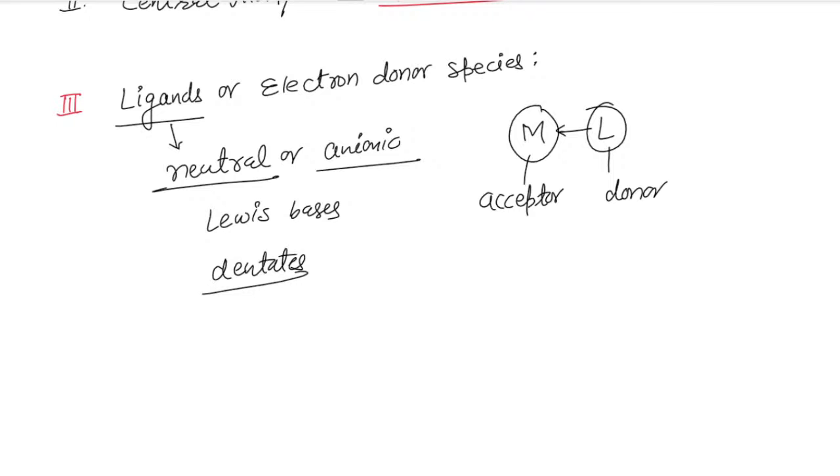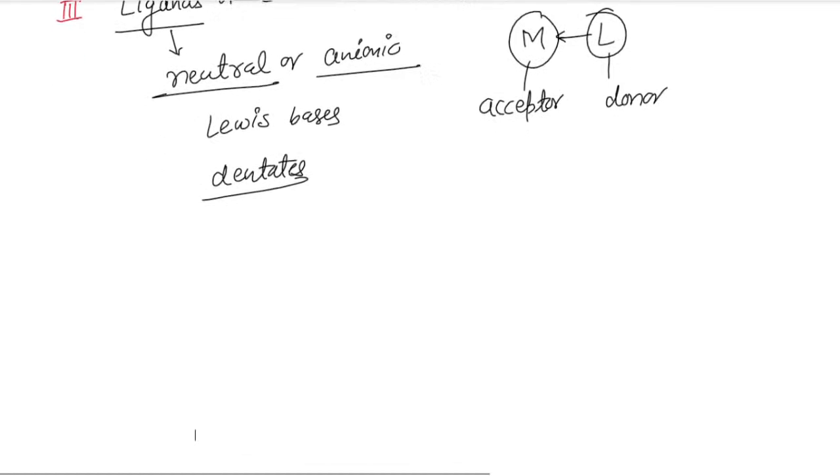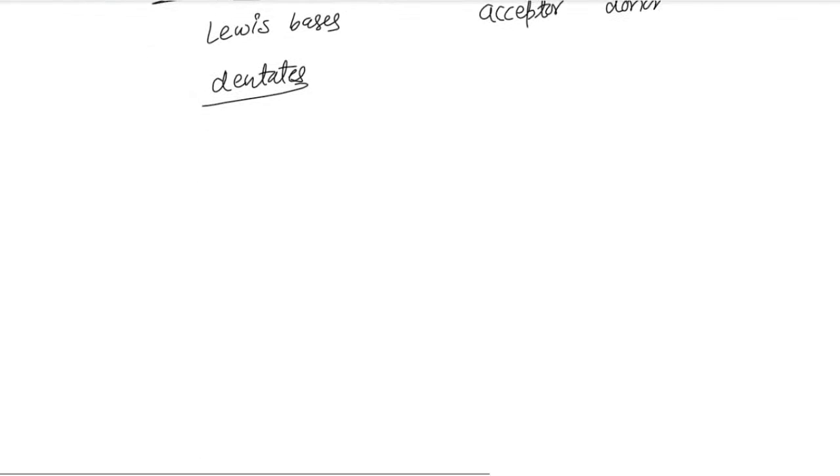There are different types of ligands. They may have one tooth, 2, 3, and so on. So what is a ligand? A ligand is an electron donor species, neutral or anionic. Let us discuss the types of ligands.